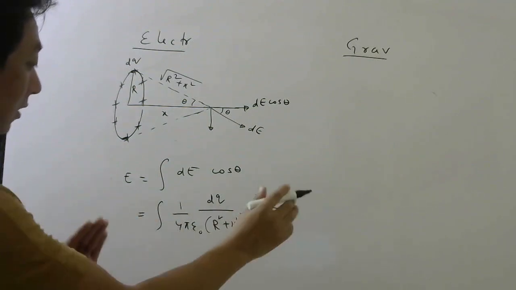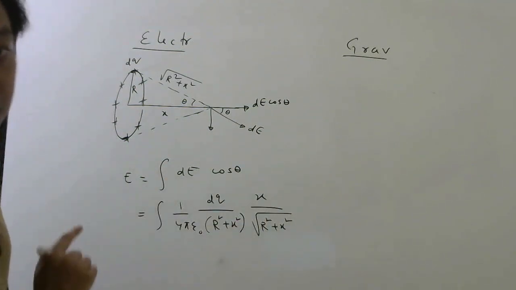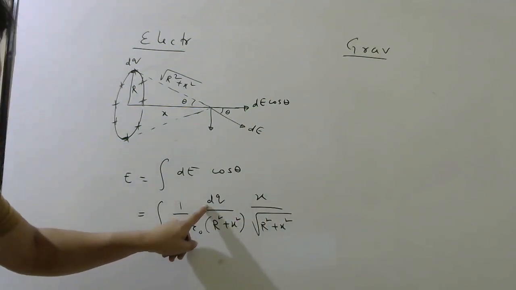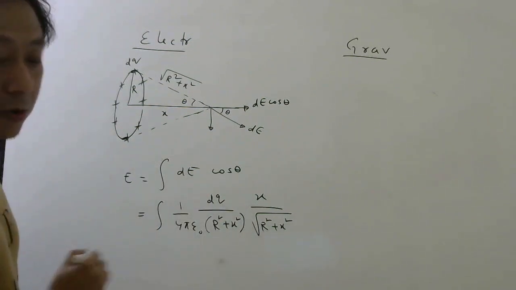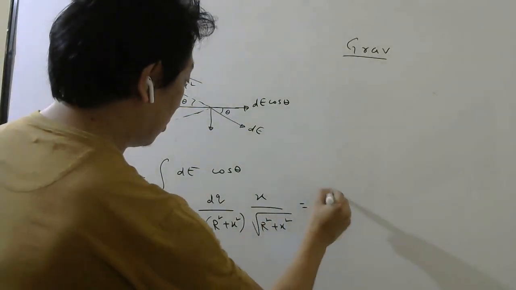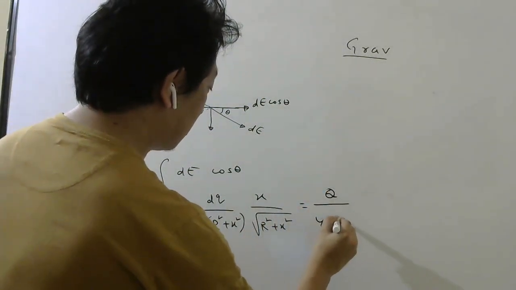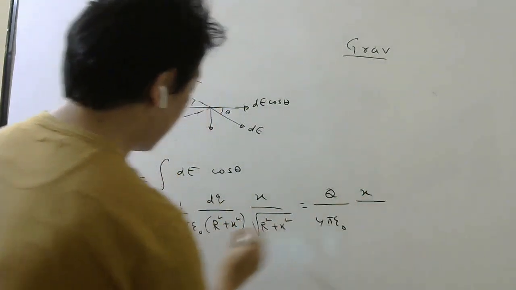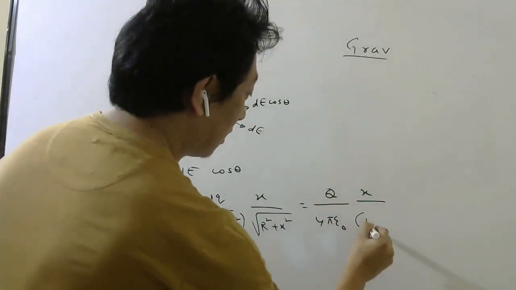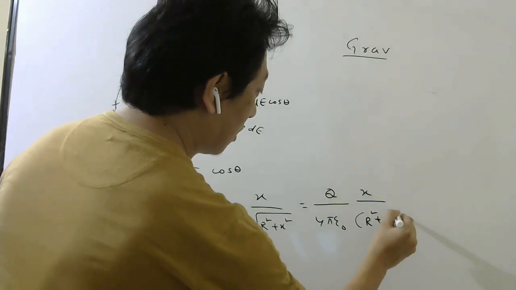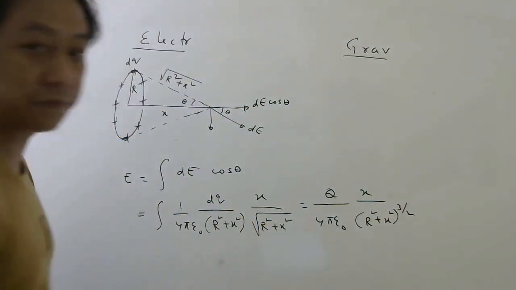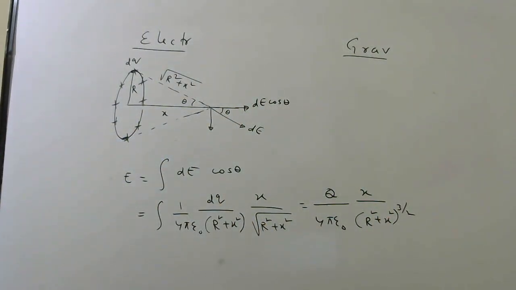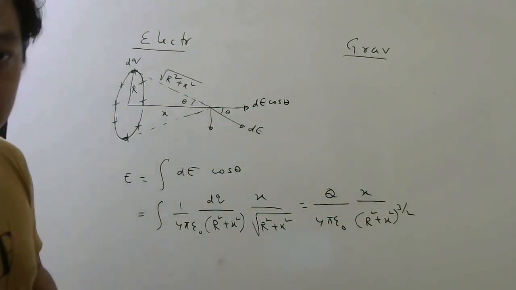Then when you integrate, you can see all these are constants. So only dq is the variable. If you integrate dq, you will get the total charge. So the total charge, 4 pi epsilon naught, x divided by this one, what will you get? R square plus x square power 3 by 2. Right? So that is the electric field here.